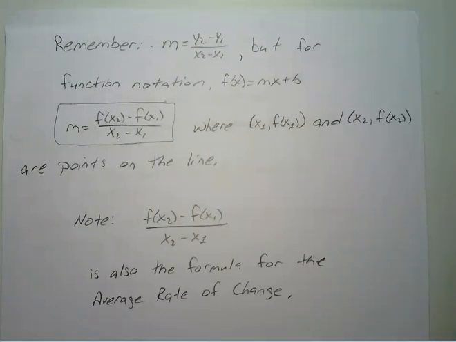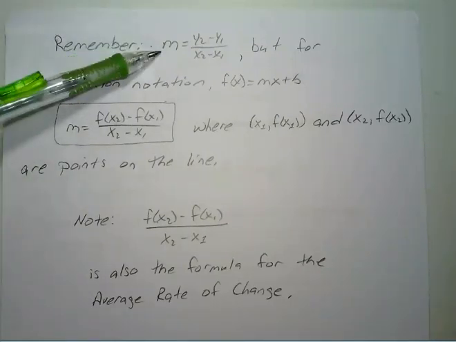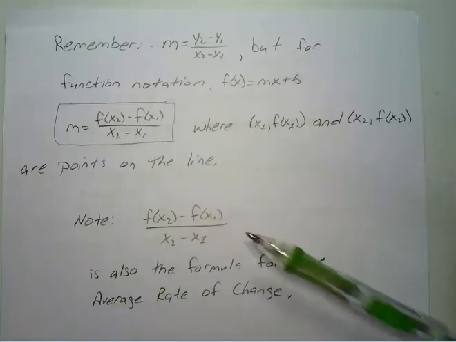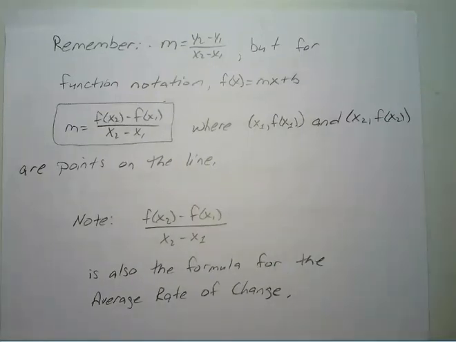Okay, so when you're using function notation, this will be your slope, which is basically the same thing as the slope from this formula here. Now notice also that this is the formula for the average rate of change. So if they ask for the average rate of change, it's the same as the slope.